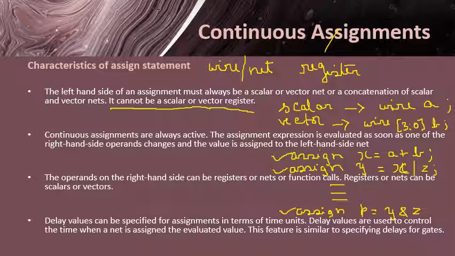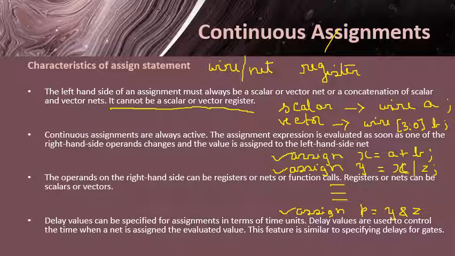It's a chain reaction. This is what is meant by event driven simulation. The assignment expression is evaluated as soon as one of the right hand side operands changes, and the value is assigned to the left hand side net.